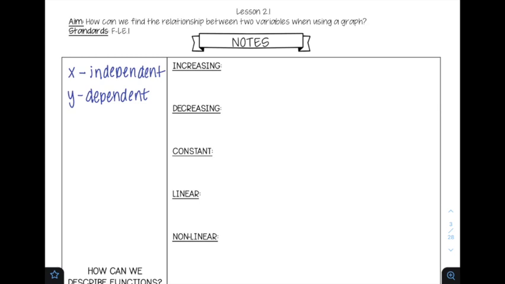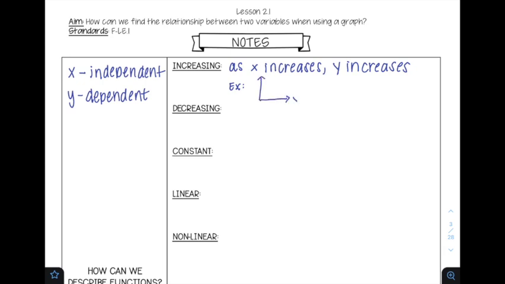So when you have the relationship between x and y and it is increasing, we have as x increases, y increases. A good example of this would be, again, we're going to draw our coordinate plane.